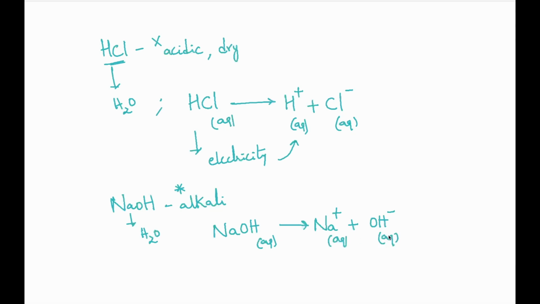Again, because ions are released, it can conduct electricity. And because OH- ions are released, they increase the pH of the solution, and hence sodium hydroxide is considered a base.